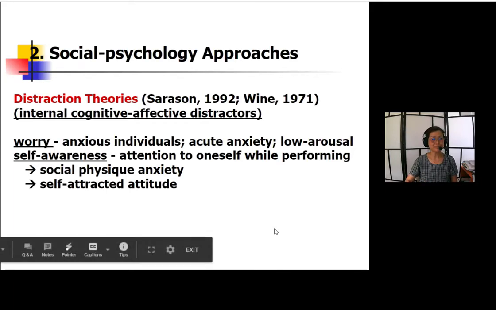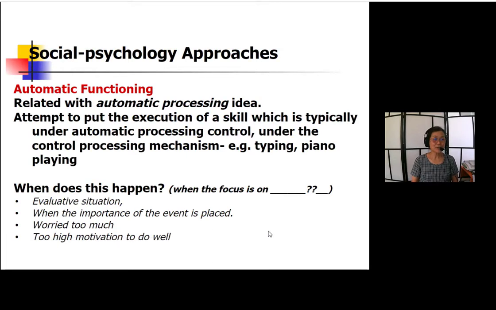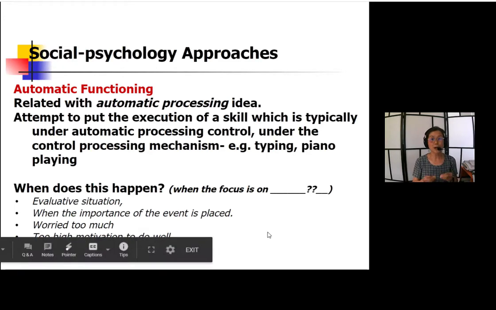Okay. Second theory under social psychological approaches is automatic functioning. It's related to the automatic processing idea. Opposite is controlling processing, if you remember earlier PowerPoints. Performers could attempt to control the execution of a skill which is normally automatized.